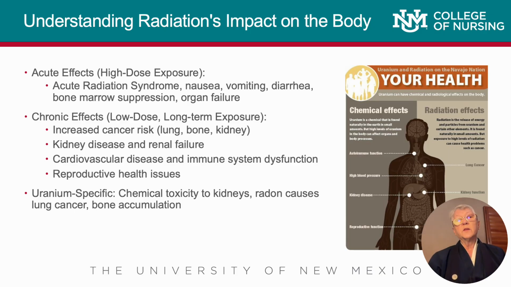But most of the health impacts we're dealing with in New Mexico involve chronic health effects from low-dose, long-term exposure. This includes increased cancer risk, particularly lung, bone, and kidney cancer. We see kidney disease and renal failure, cardiovascular disease, immune system dysfunction, and reproductive health issues.